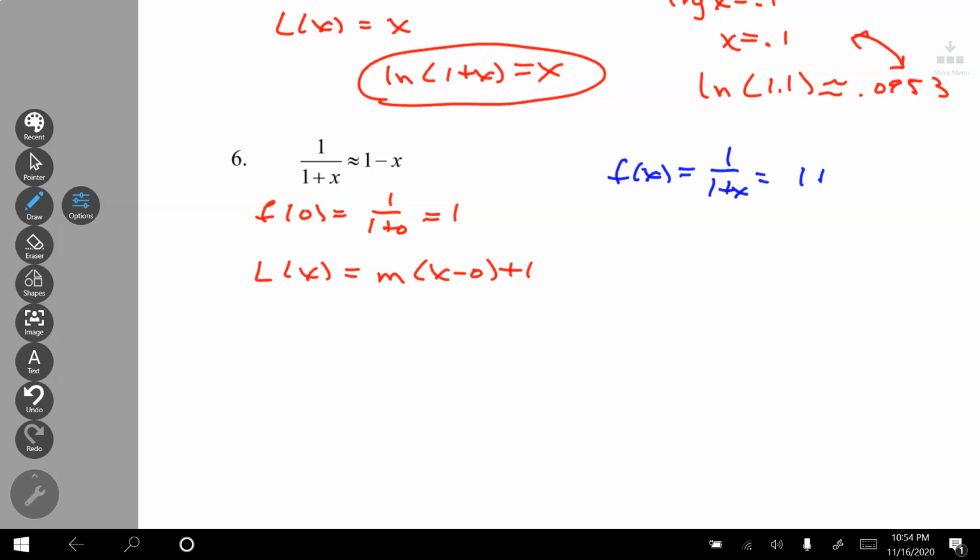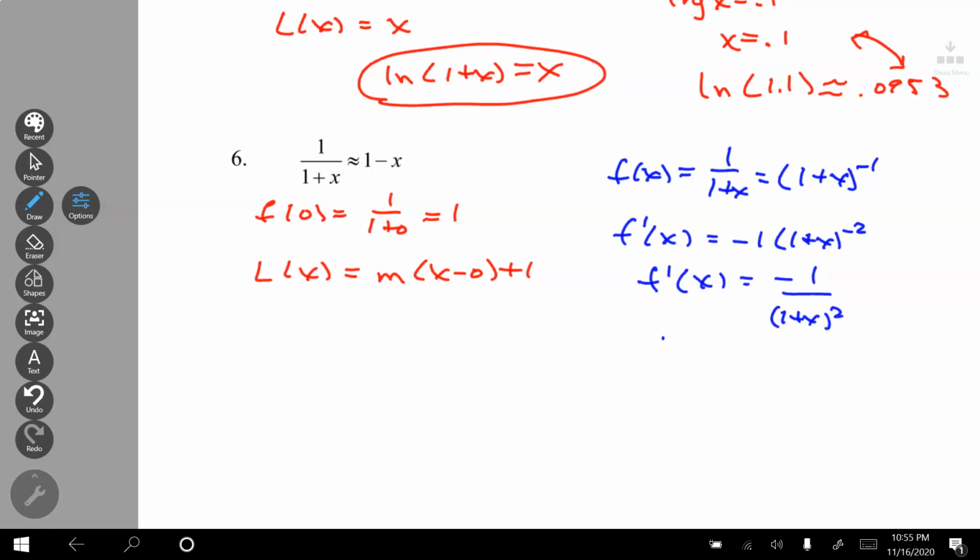Well, this is really (1 plus x) to the negative 1, and its derivative is going to be negative 1 times (1 plus x) to the negative 2 times the derivative of x, which is just 1. So the derivative is really negative 1 over (1 plus x) squared.